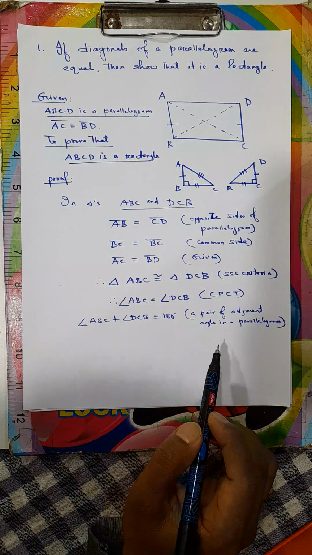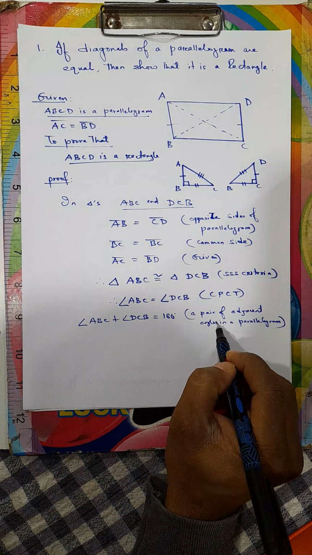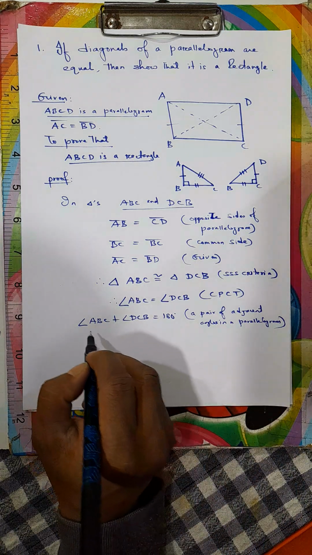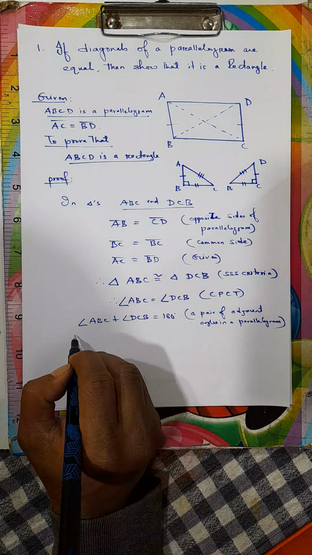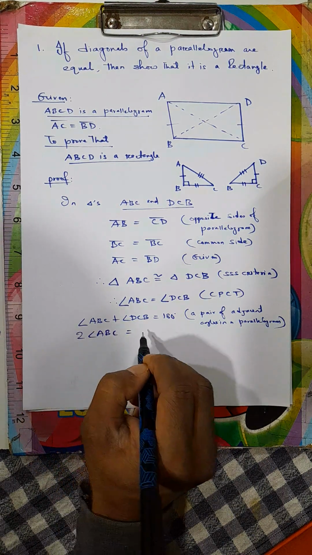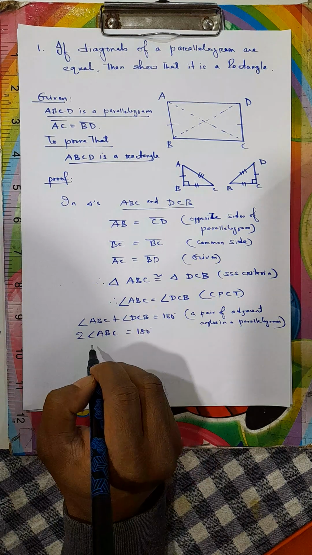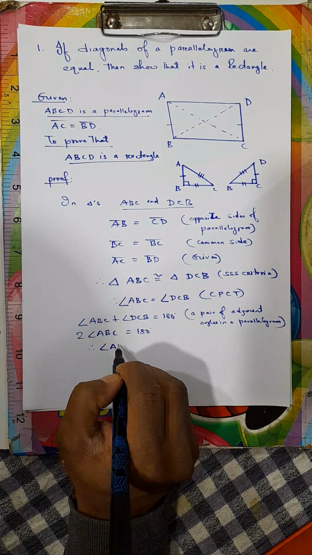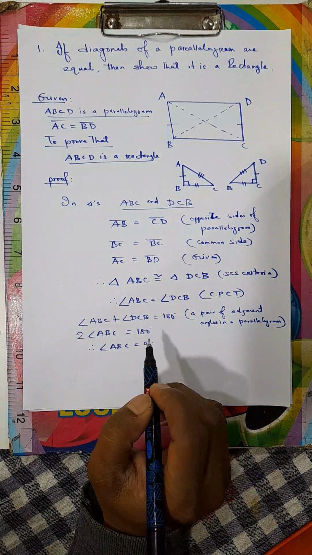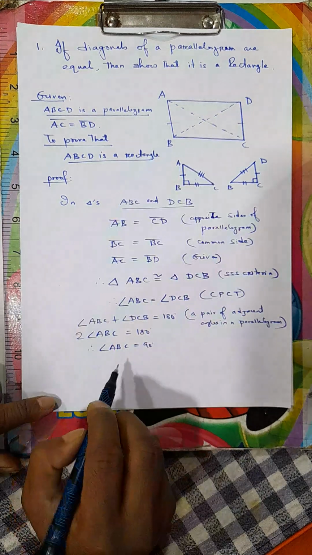A pair of adjacent angles in a parallelogram are supplementary. Now ABC and DCB are equal, so we can write twice of angle ABC equal to 180 degrees. That is angle ABC equal to 90 degrees. That means we proved that in a parallelogram, one angle is 90 degrees.